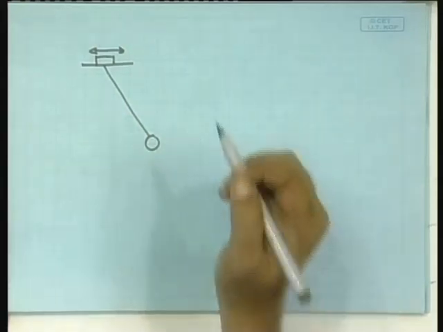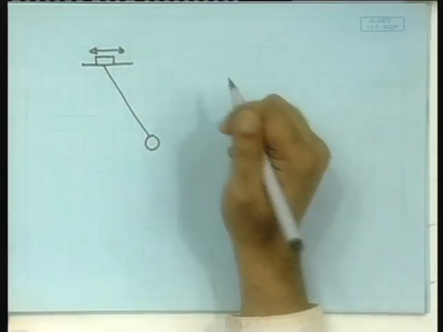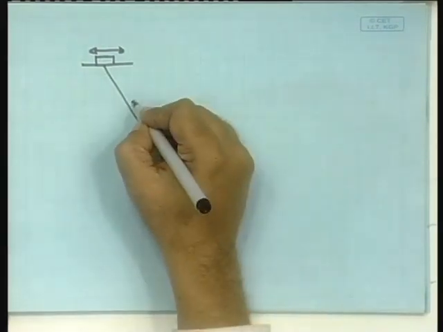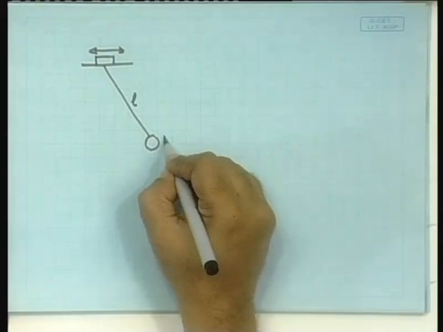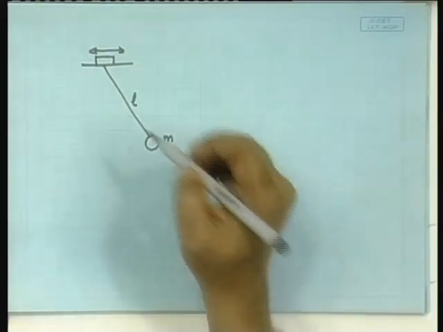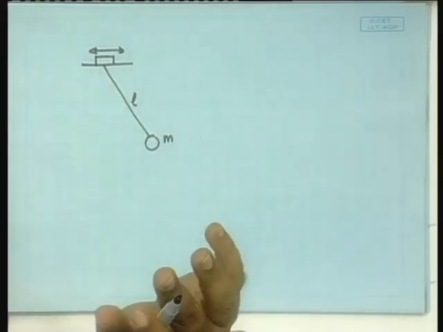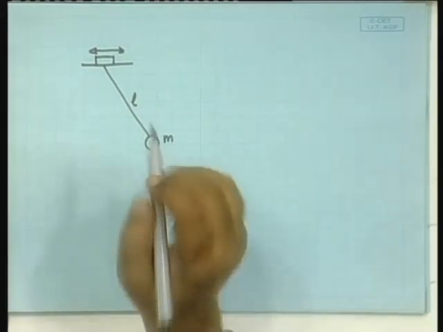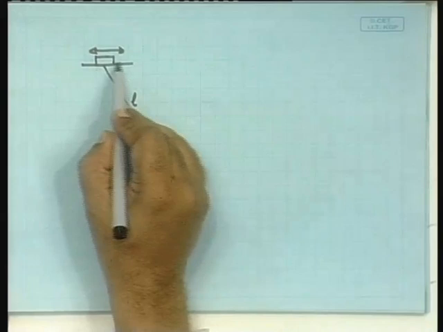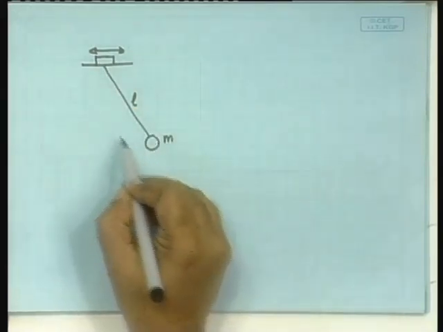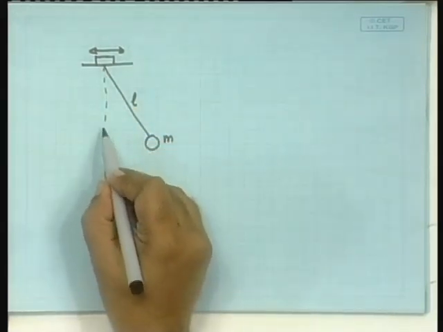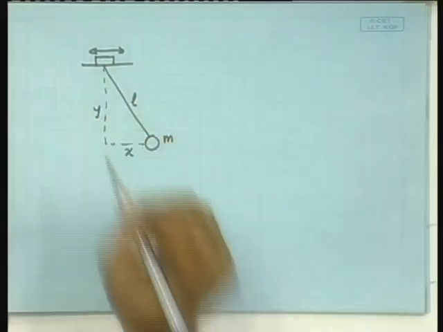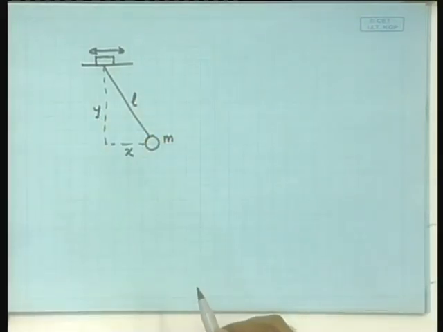So, let us try to write down the differential equation that can capture that motion. So, this length is L, here is your m. We would need the x coordinate, the y coordinate, because this fellow is moving in the x coordinate. So, here is the x and here is the y. Fine.